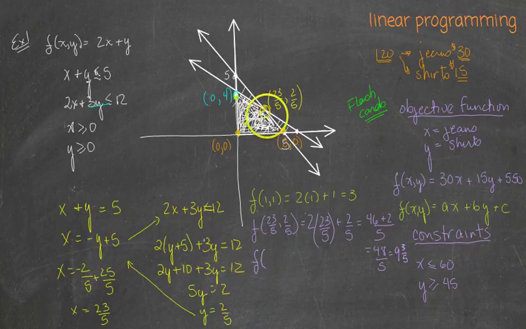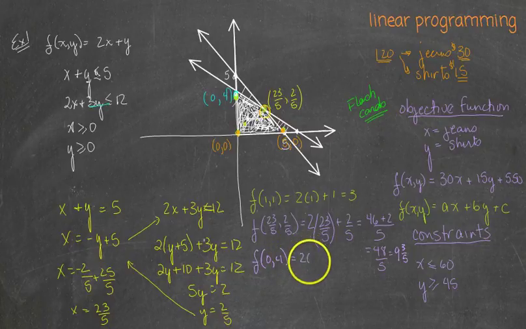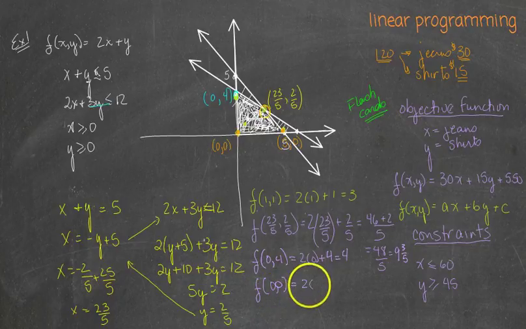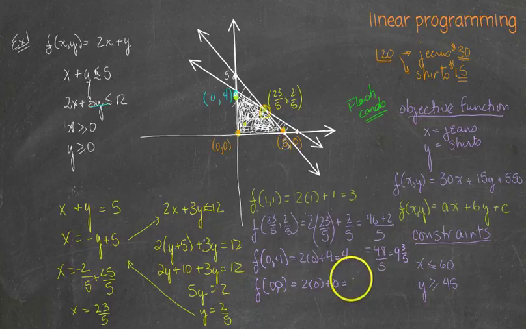Let's just work our way around. 0, 4. So 2 times 0 plus 4 equals 4. So this is less than this. 0, 0. 2 times 0 plus 0 equals 0.